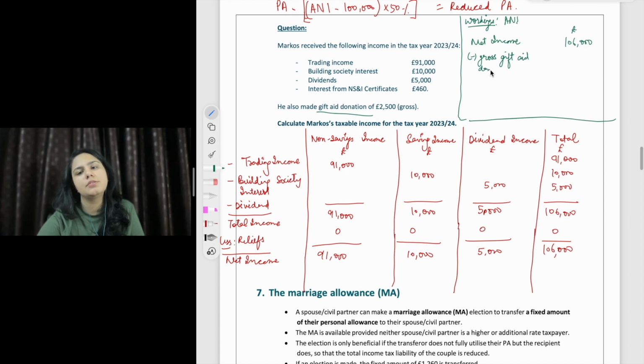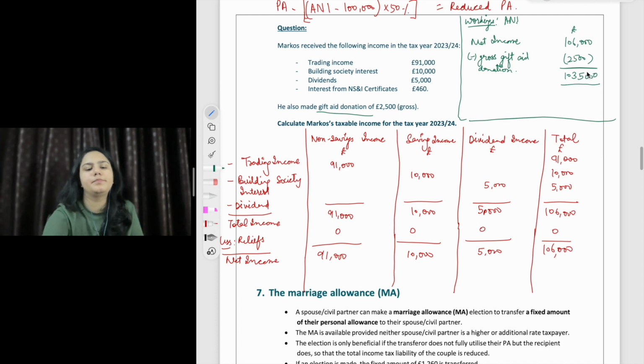So minus 2,500 gives me 103,500. This is my ANI, and I told you I will reduce my personal allowance by 50% of the excess above 100,000. So the excess above 100,000 is 3,500.